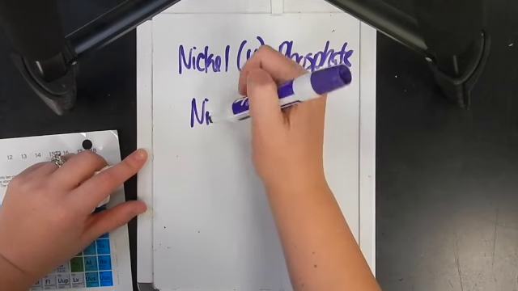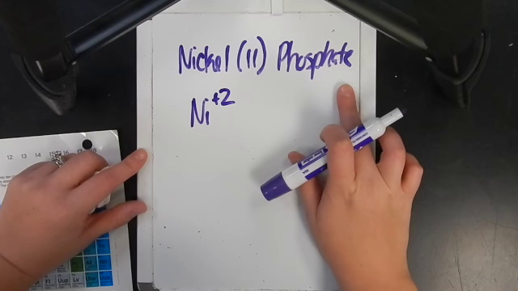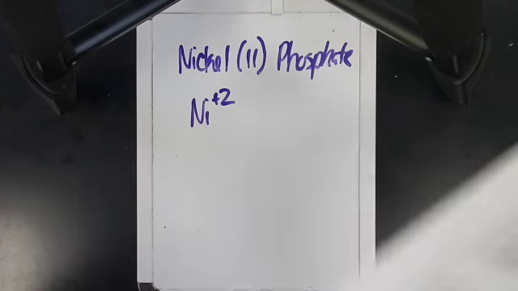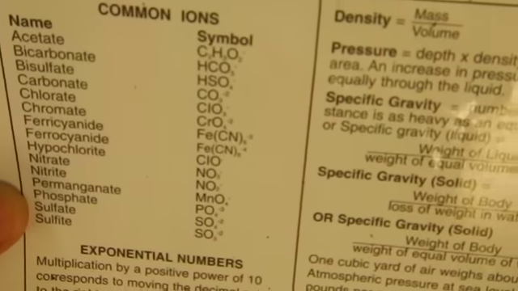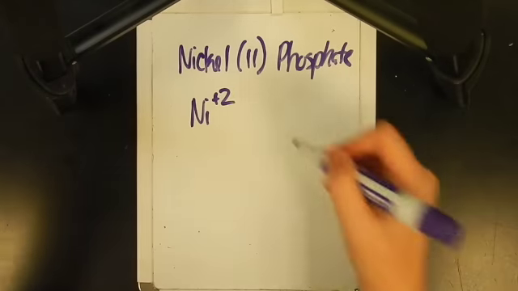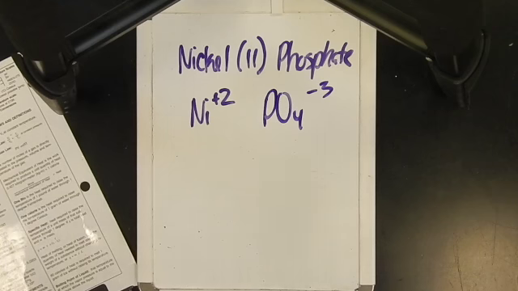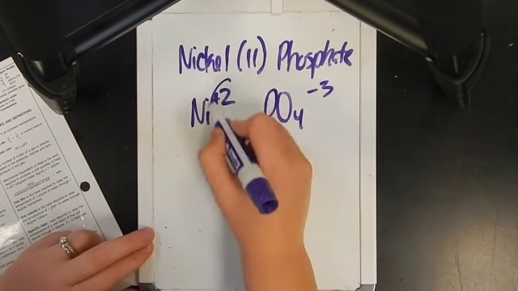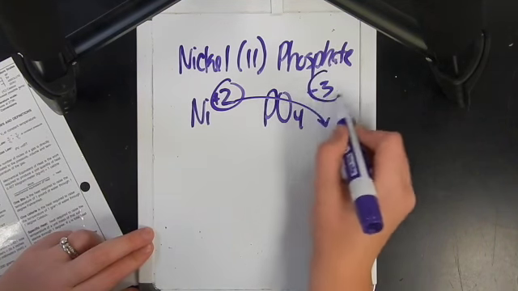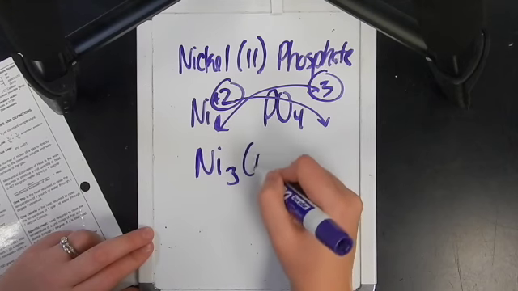So you write the symbol Ni, and the 2 tells you it has a +2 ion charge. Phosphate does not end in IDE, so we look at the polyatomic ion chart and find phosphate, PO4 with a 3- charge. Then we crisscross: the 3 goes with the nickel, and the 2 goes with the PO4.